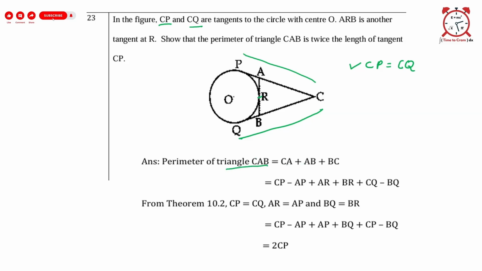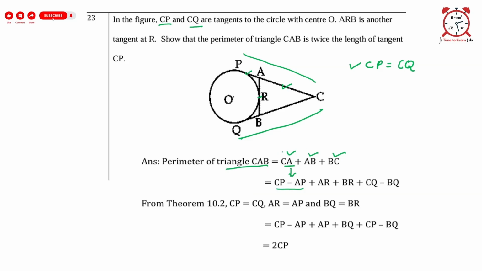We have to add all three sides: CA plus AB plus BC. Now for CA, CA means only that part. So CA means CP minus AP. From CP, if you subtract AP, then you will get CA. So for CA we write CP minus AP.